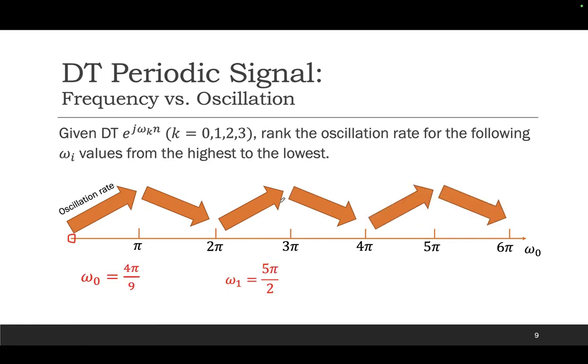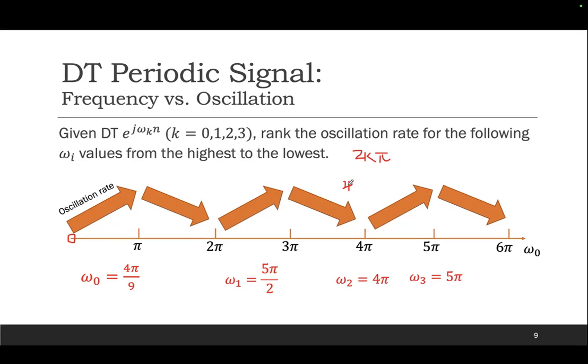Let's talk about those four. We know 2k pi is the lowest, and (2k plus 1) pi is the highest.